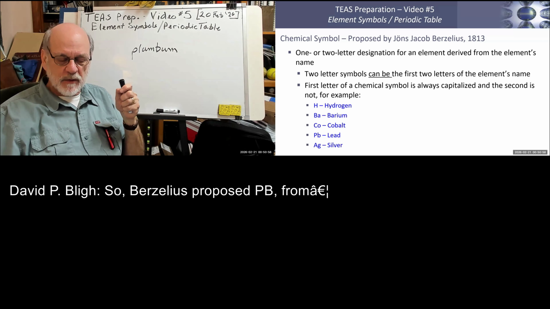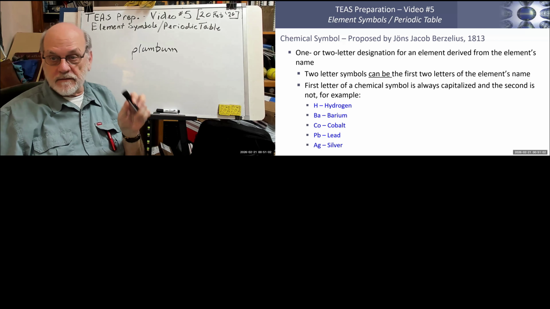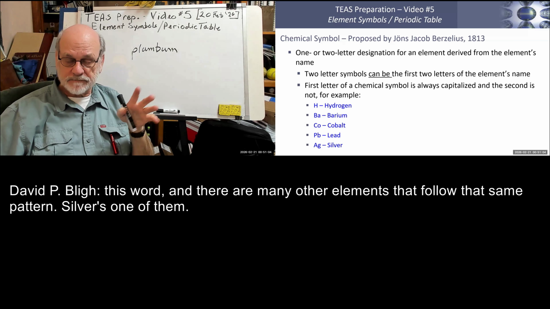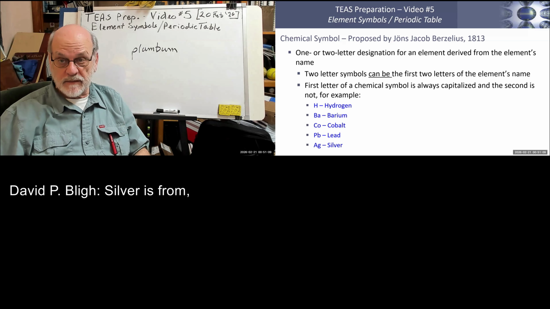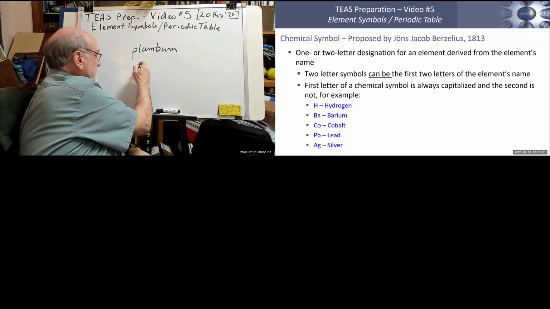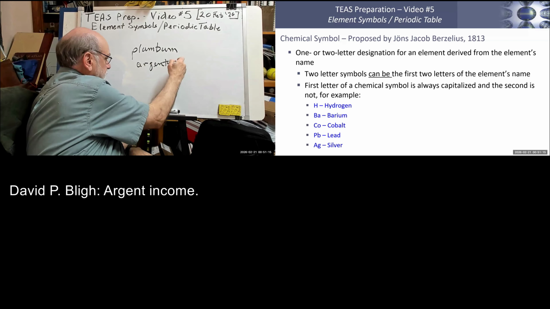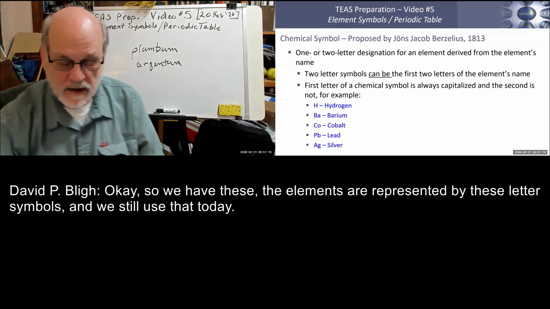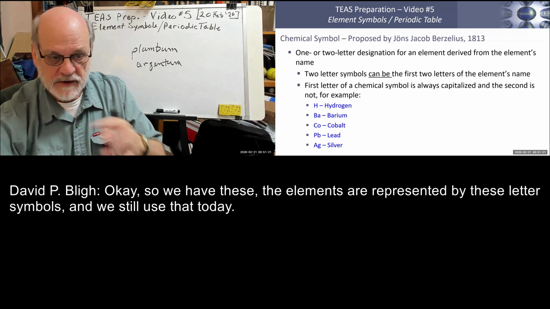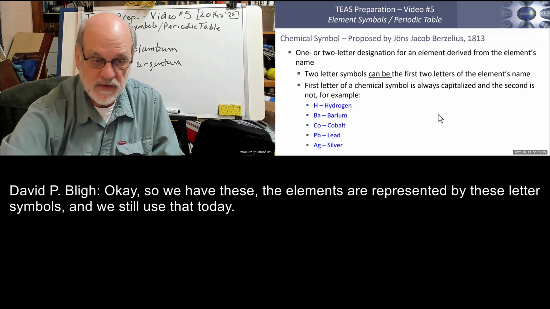So Berzelius proposed Pb from this word, and there are many other elements that follow that same pattern. Silver is one of them. Silver is from argentum. Okay, so we have these, the elements are represented by these letter symbols, and we still use that today.